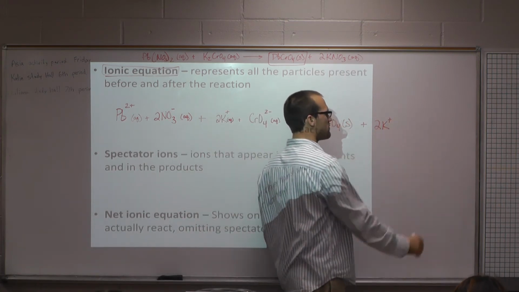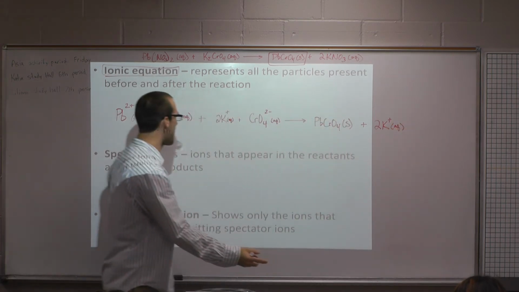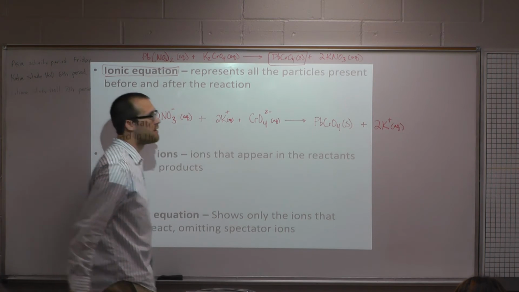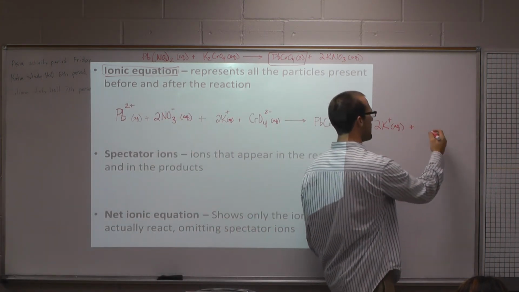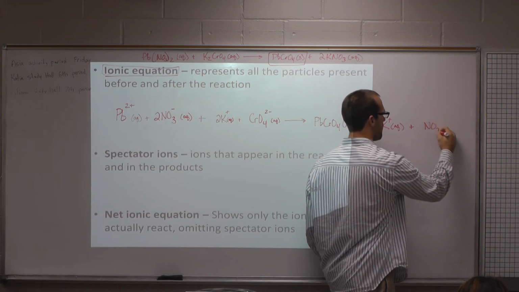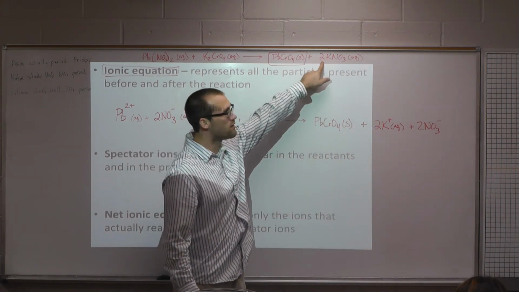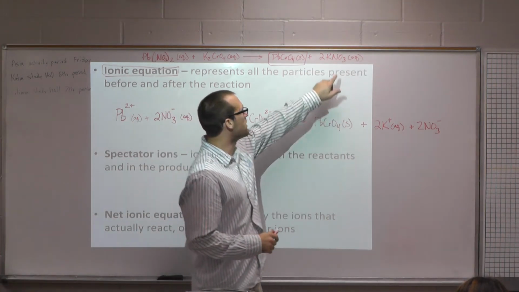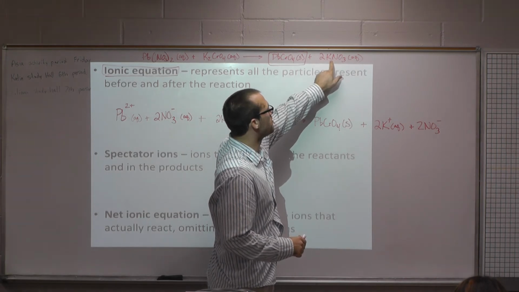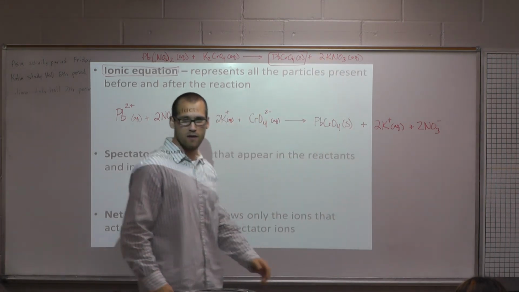We already know the charge of potassium, right? I don't have to rethink that. We already figured it out over here. Do I have to rethink the charge of nitrate? I also have 2 of that, because I only have 1 NO3 in 1 KNO3, but I have 2 of the whole thing.